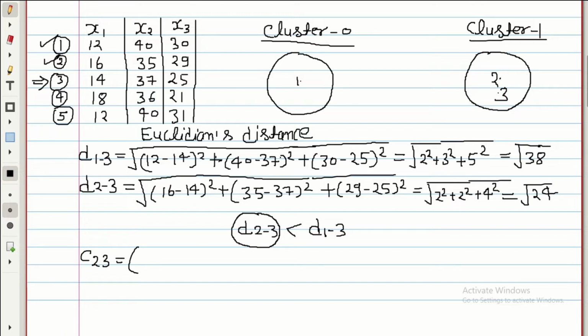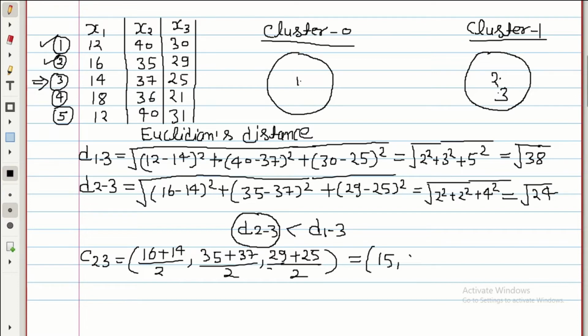You will calculate the midpoint like 16 plus 14, these are x1 values, thereafter 35 plus 37 upon 2, thereafter 29 plus 25 upon 2, and the new center would be 15, 36 and 27.